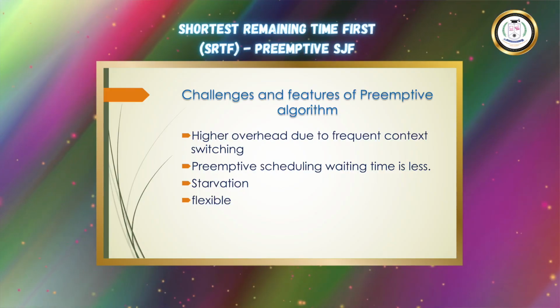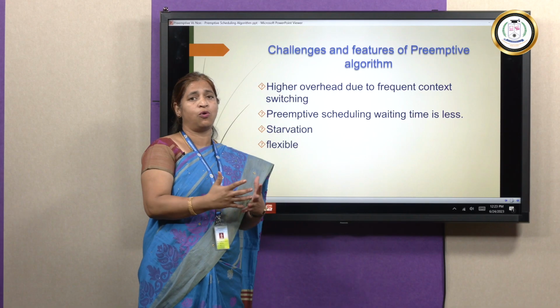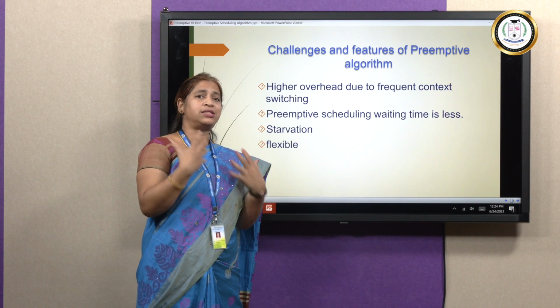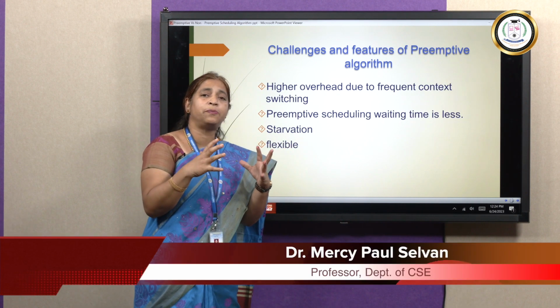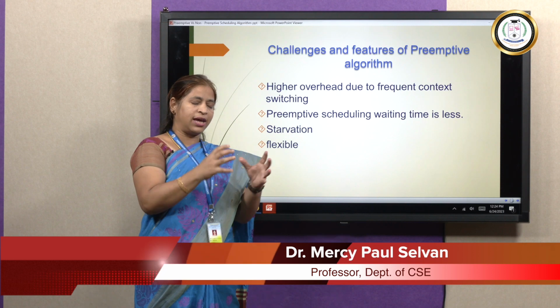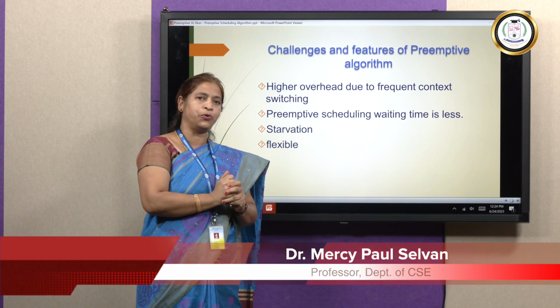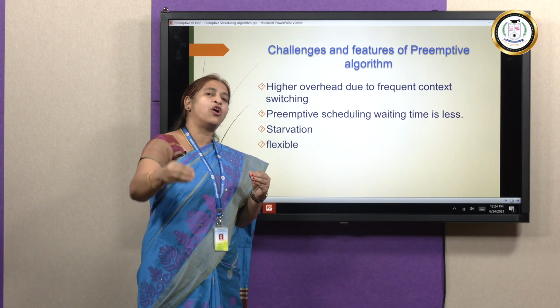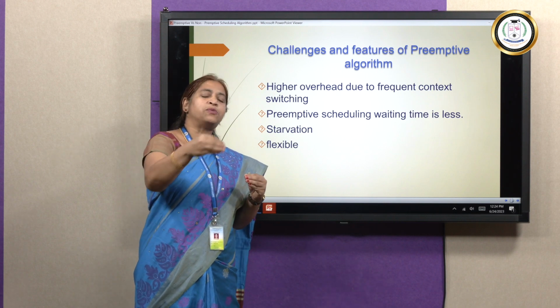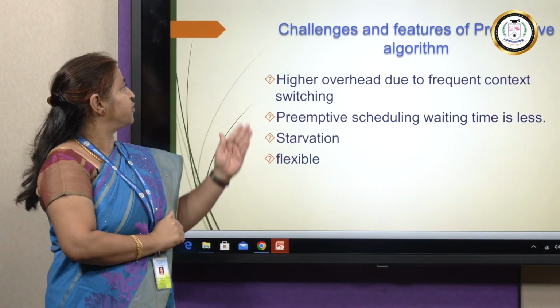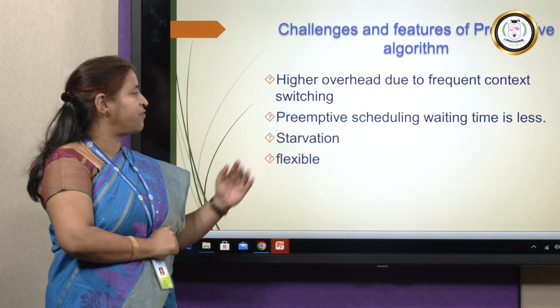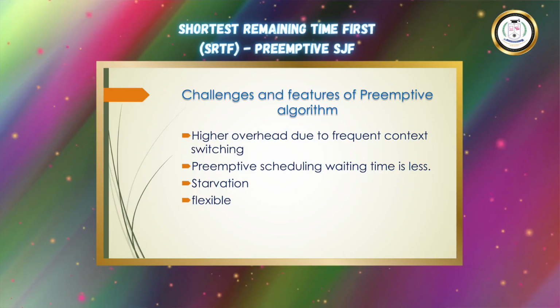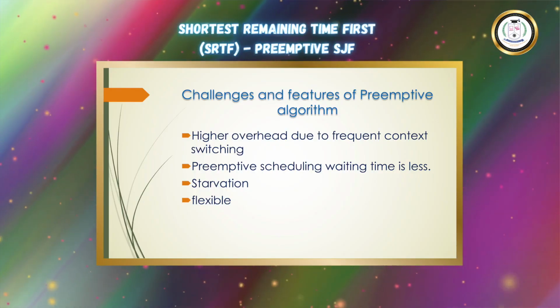The challenging part is starvation. We do not know when the process will get the CPU, because by the time it gets the CPU, some prioritized job or the least burst time job would have entered. So for the preemptive algorithm, starvation is a challenge. And of course, this algorithm is very flexible.